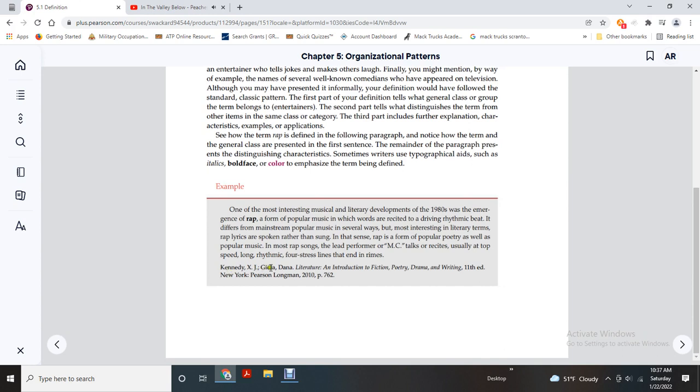That's X. J. Kennedy and Dana Gioia, Literature: An Introduction to Fiction, Poetry, and Drama, 11th edition, New York, Pearson Longman, 2010, page 762.